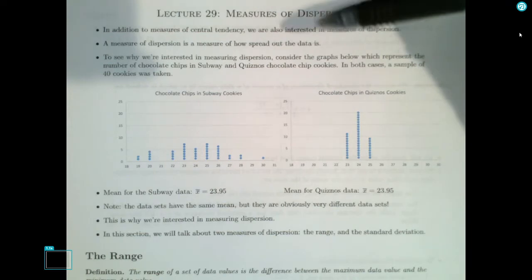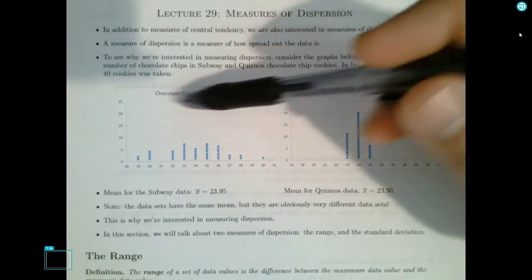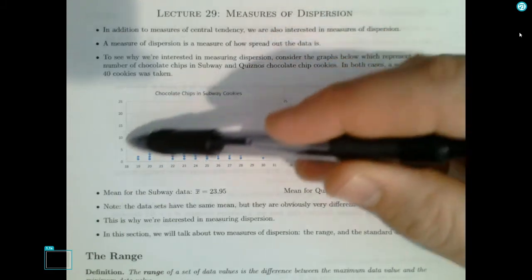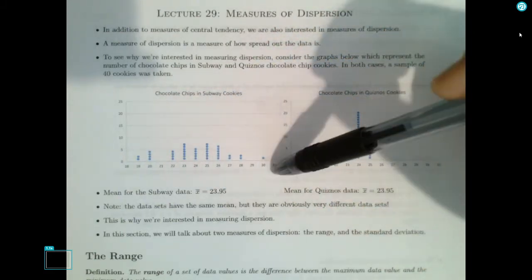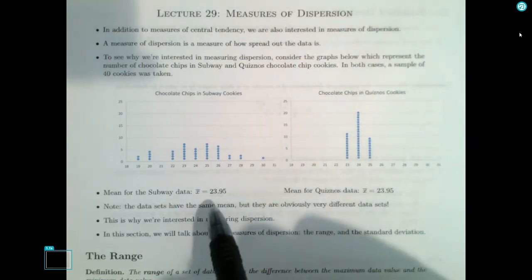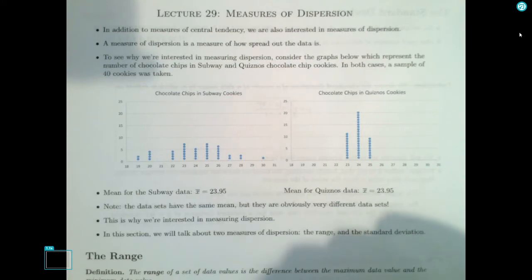Because something that's interesting is that if you were to calculate the mean number of chocolate chips for this data set and the mean number for this data set, you would find that they have the same mean, right?